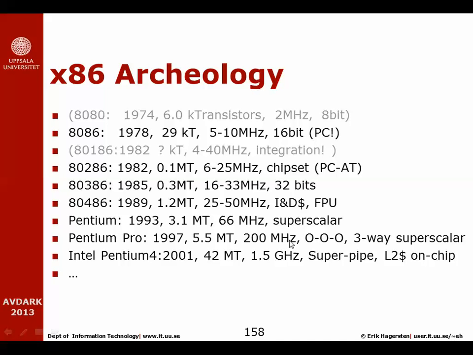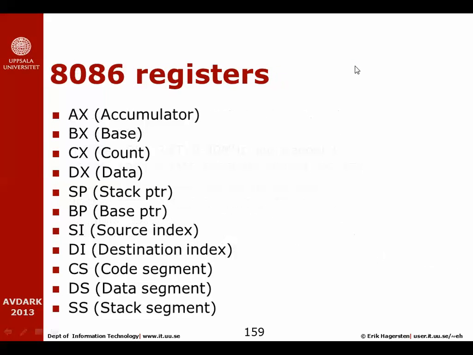Pentium Pro, 4 years later, introduced out-of-order implementations, and here we have this three-way superscalar. And in 2001, with the Pentium 4, they actually managed to get the L2 cache on chip as well. So it's been a tremendous development in this architecture.